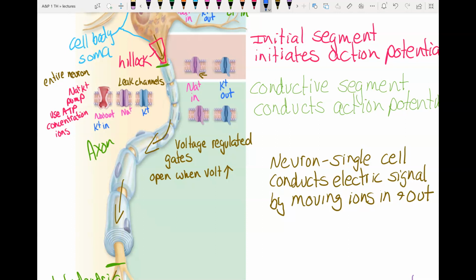So they let small amounts of sodium and potassium leak through. And they leak through according to their electrochemical gradient.